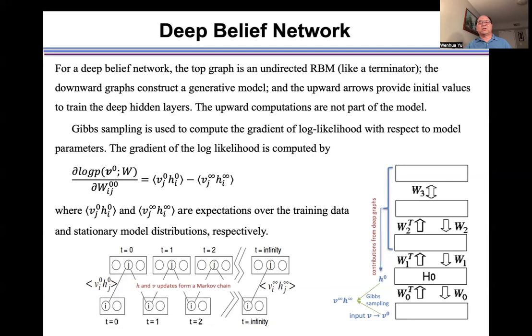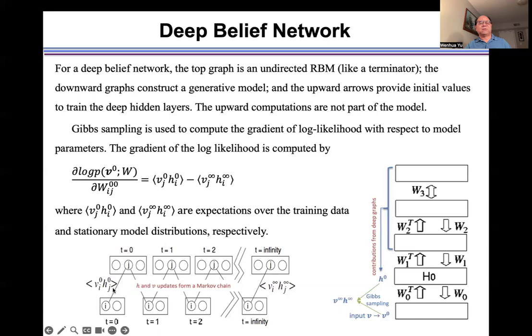Gibbs sampling is used to compute the gradient of the likelihood with respect to model parameters. The gradient of the likelihood is computed by the difference of two expectations over the data distribution and the model distribution. Namely, first we give the training data as the initial value to the first block.